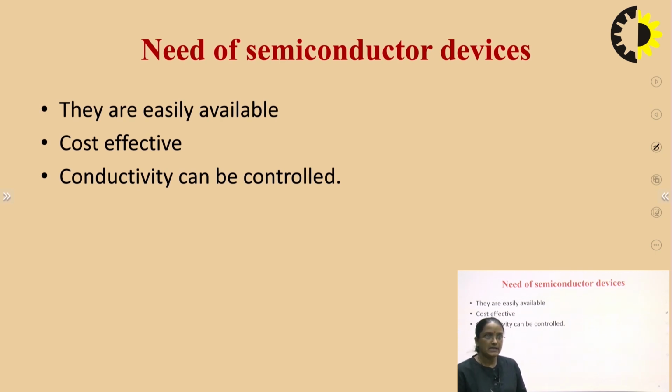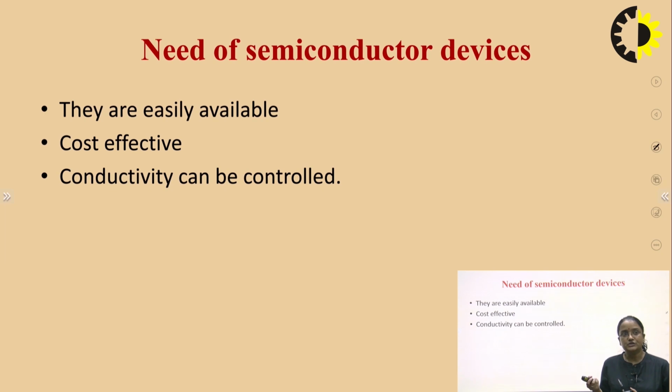They are easily available and cost effective, and the major feature is that the conductivity can be controlled and modulated as per our requirements. That is the main feature of semiconductor material: the conductivity can be modulated or adjusted as per our requirements.